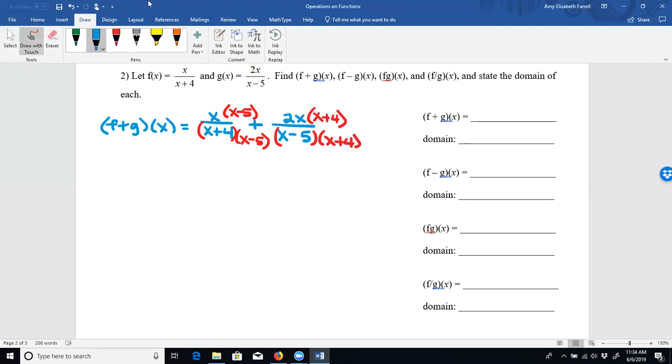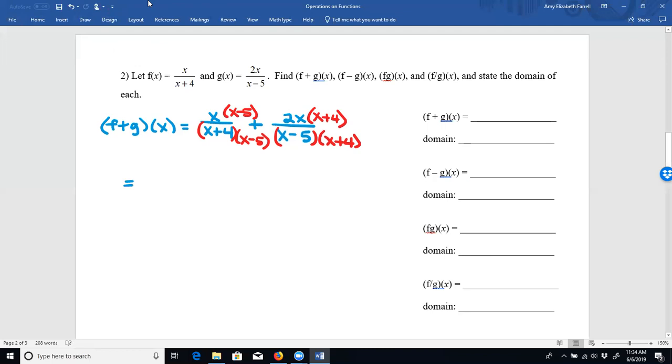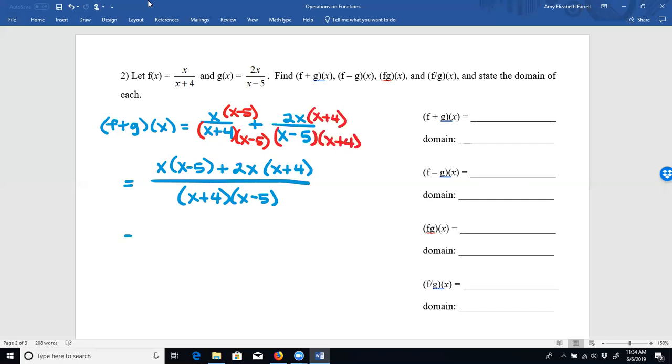I'm going to choose to add numerators and then distribute in the next step. So I'm not going to distribute yet, but you can if you want, no big deal. But I'm going to add my numerators together and retain my common denominator. And then I'll distribute here.